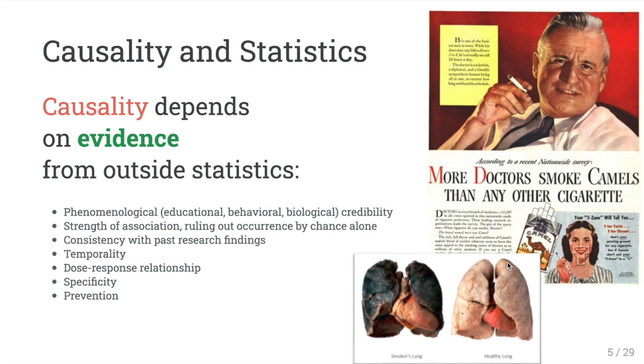We also have issues of specificity and sensitivity of our measures and of our statistics. We get into that a lot more in the next class, the regression class. But it's the idea of, can you capture when something does happen and when something doesn't? And then another thing to consider is prevention.